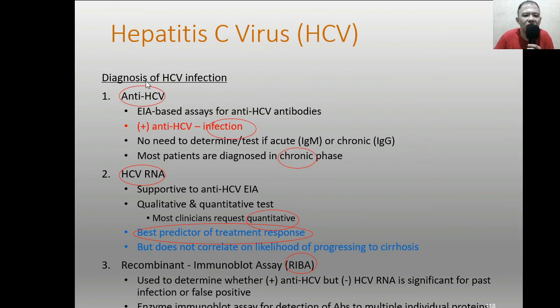Although yes, if it's positive, then it might indicate infection, but by all means get the RNA, because it is the best predictor of treatment response. But if you're going to assess the severity of the destruction, such as in cirrhosis, we don't use the RNA.